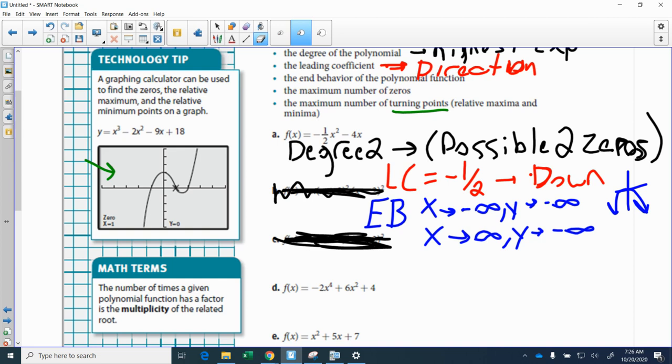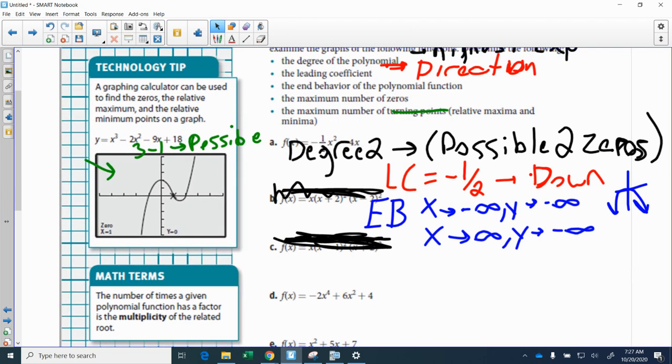Well, how can we tell how many total possible we could have in a graph? Well, the easy part to do this is you just take the degree and you subtract 1 from it. Notice how in this problem here we had an x cubed. Well, if I took 3 and subtracted 1 from it, I could have a possible 2 turning points, okay?